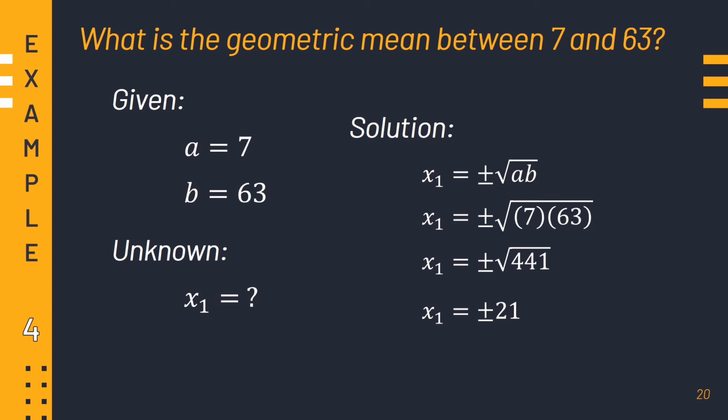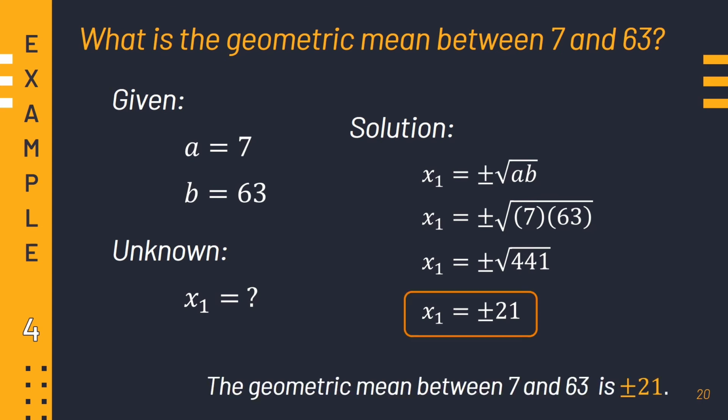Since we are taking the square root of the number, we will accept both positive and negative values for x sub 1. Meaning to say, if the geometric mean is positive 21, we may say that the common ratio is also positive, which is 3. While if we take negative 21 as the value of x sub 1, the common ratio is negative 3.